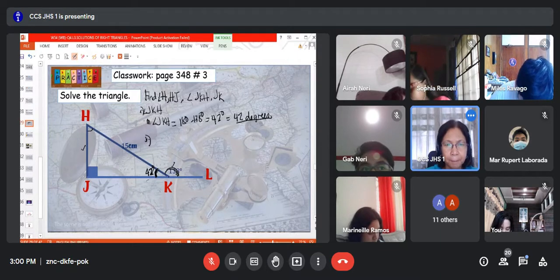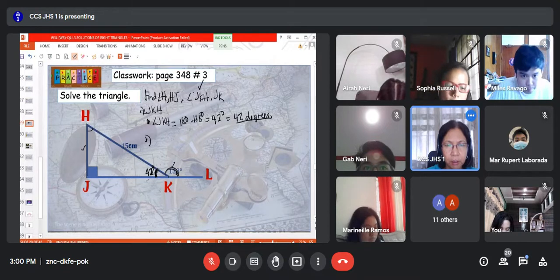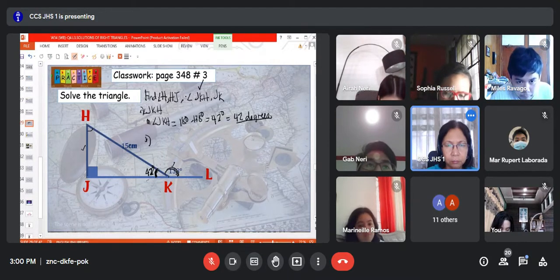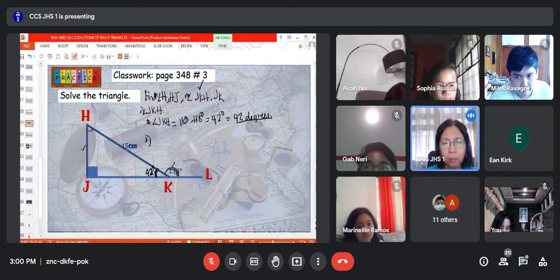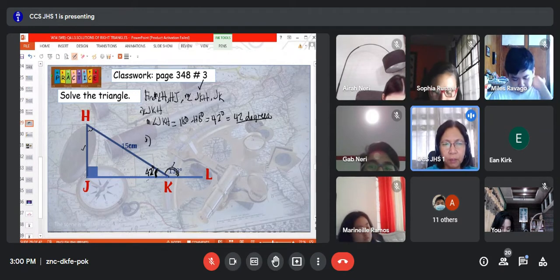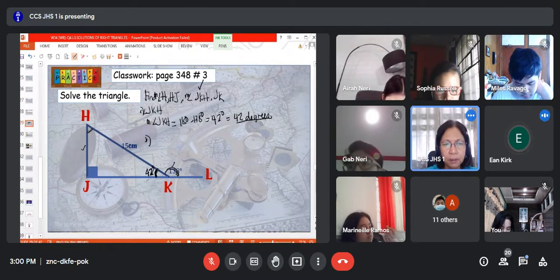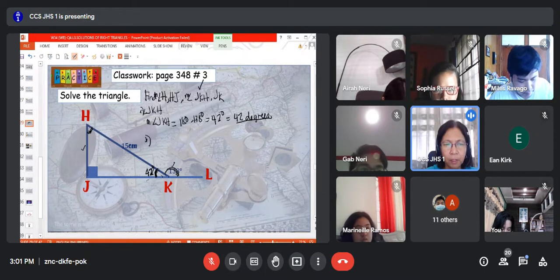Ian, are you there? No idea? Look at the figure, Ian. You're going to solve for this? Angle JKH. So how to solve for angle H? Angle H na lang.